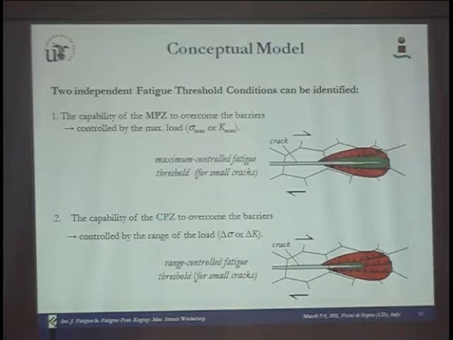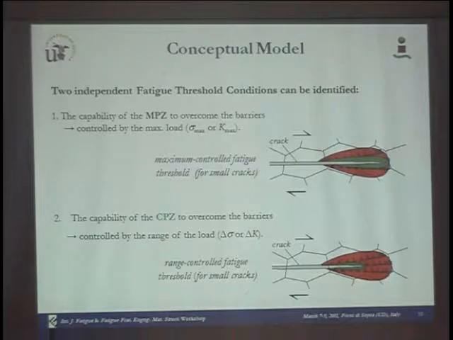The other threshold is based on the capability of the cyclic plastic zone to overcome the microstructural barriers, and this is controlled by the range of the applied load, and the picture is completely different. Let's imagine that we are applying a load with a big maximum, but just a very small range.